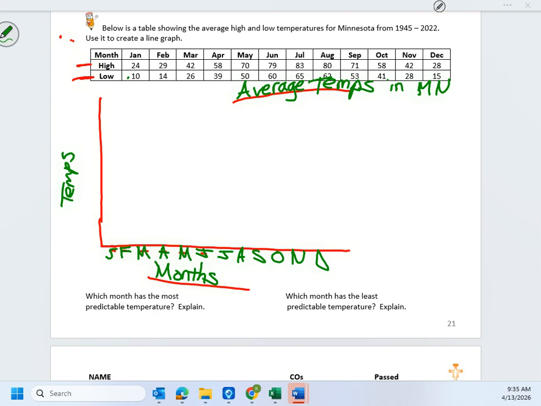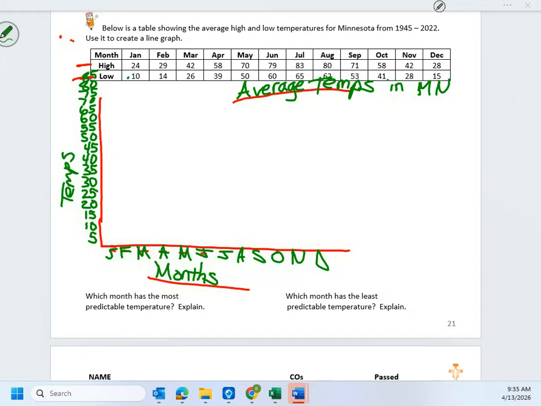I can skip count. I would skip count by 5s. 5, 10, 15, 20, 25, 30, 35, 40, 45, 50, 55, 60, 65, 70, 75, 80.